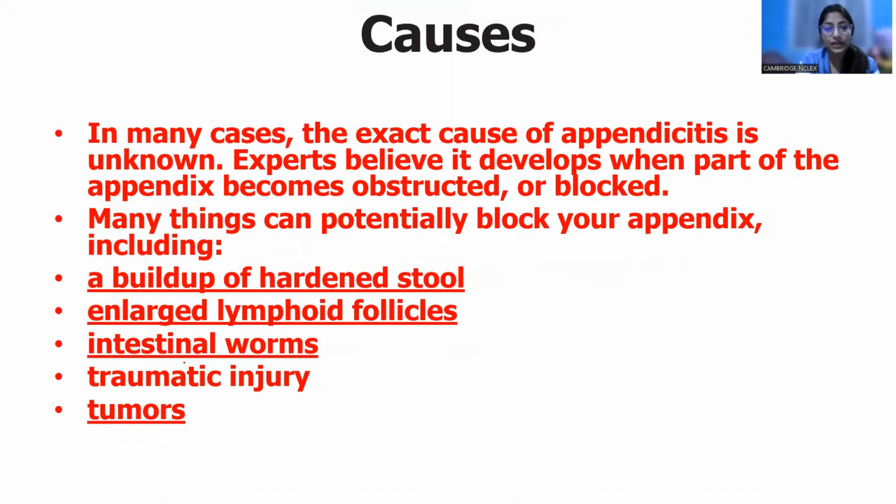What could cause appendicitis? In many cases, the exact cause of appendicitis isn't known. Experts believe that it develops when part of the appendix becomes blocked or obstructed. This blockage can happen because of a buildup of hardened stool, enlarged lymphoid follicles, intestinal worms, traumatic injury, or a tumor. So these can be the causes of appendicitis.